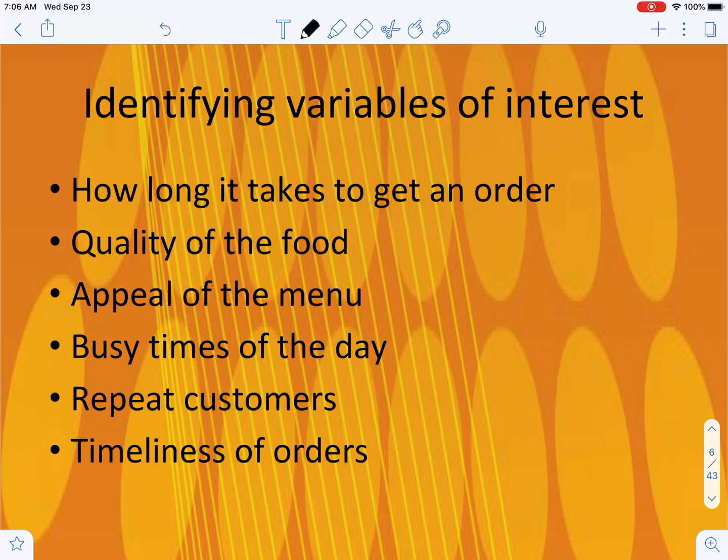Those are all possible ones. Again, the students were interested in the timeliness of the orders, so those are kind of similar. And then the mistakes was the other one they were looking at.